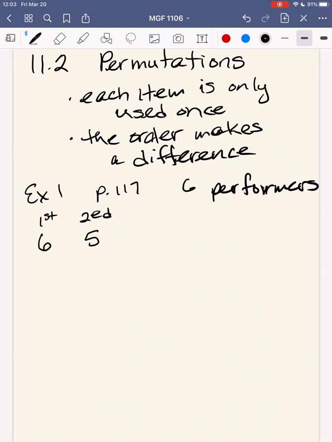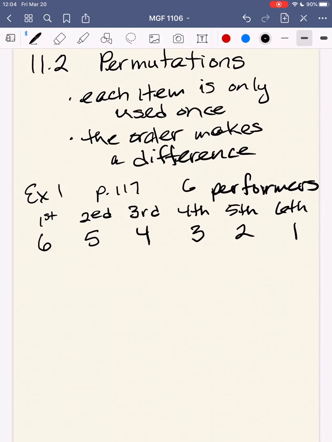When we go to our third performer, 2 have already had their performance, so we only have a choice of 4 left. For the fourth performer, 3 have already performed, so we only have 3 left to pick from. For the 5th performance, 4 have already gone, 2 are left. And by the 6th performance, there's only 1 person to choose from. The only person that hasn't gone is the one that needs to go.